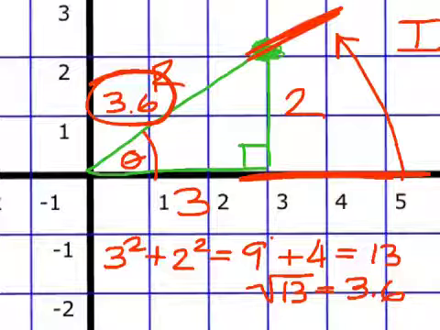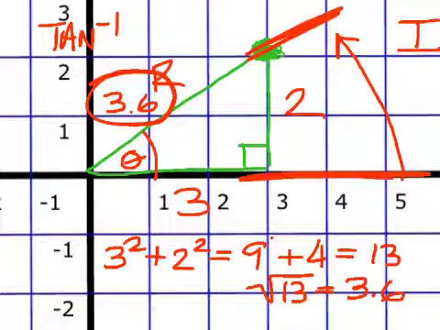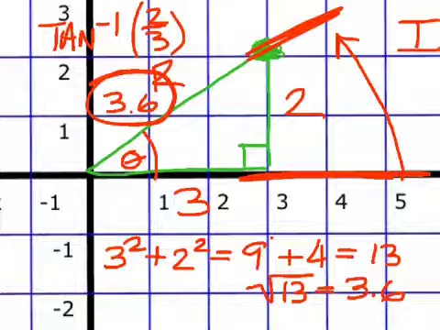To find that, you have to do inverse tangent of 2 over 3. So hit second tangent, 2 divided by 3, and you should come back with a degree measurement rounded to the nearest degree of 34.